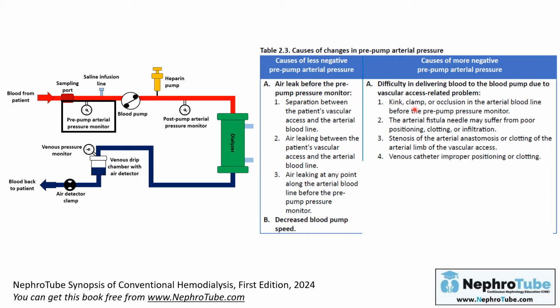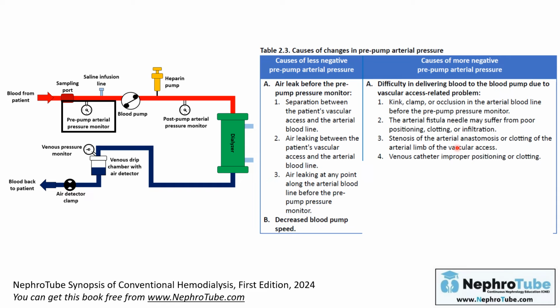If there is a kink, clamp, or occlusion of the arterial blood line, it may cause more negative pressure in this monitor. If the arterial fistula needle has poor positioning or clotting or infiltration, this will cause difficulty in delivering the blood from the vascular access.